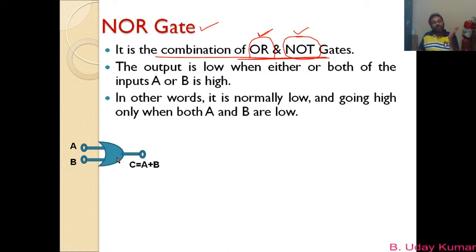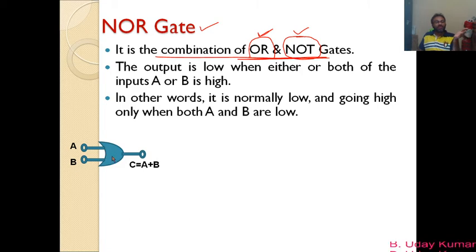OR gate is a logical gate with two inputs and one output, and the output becomes A plus B, which I take as C. Here the plus is called the logical function of OR gate, and A plus B is called the logical equation of OR gate.